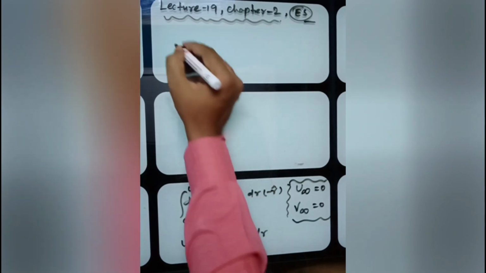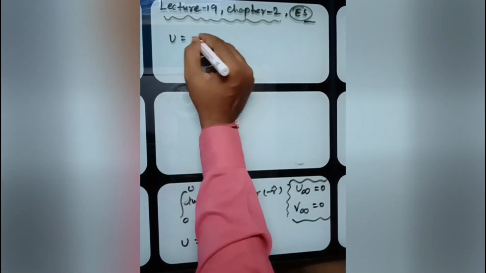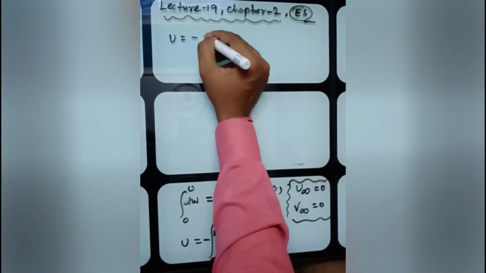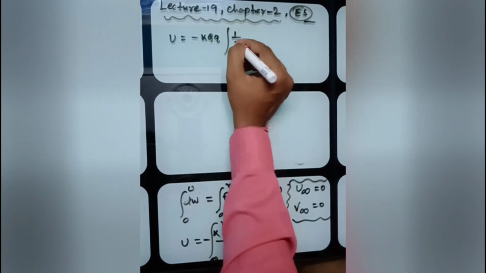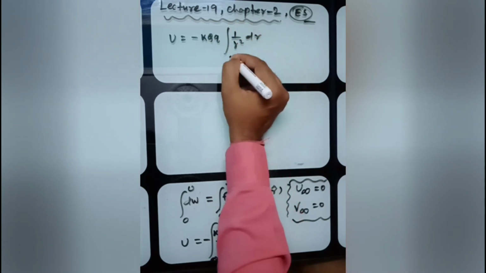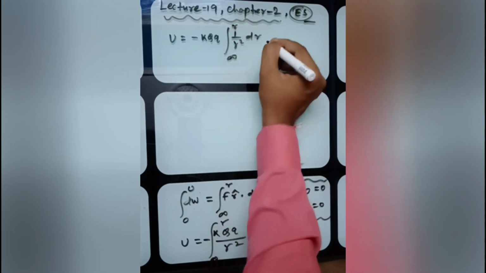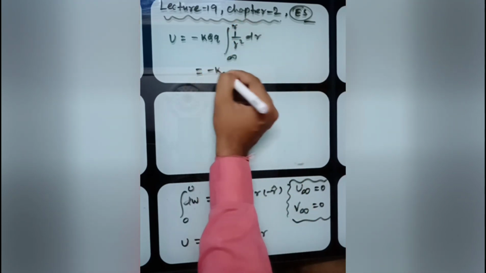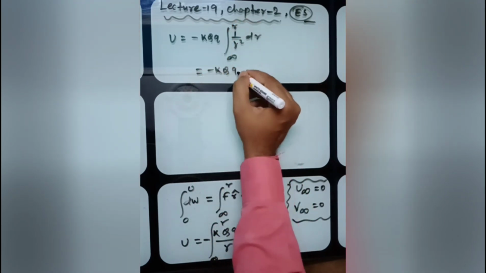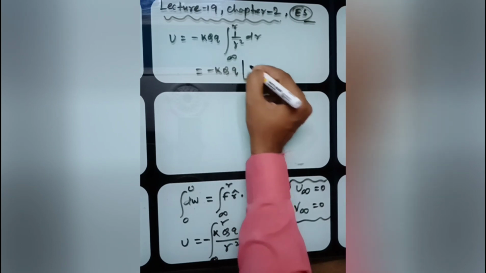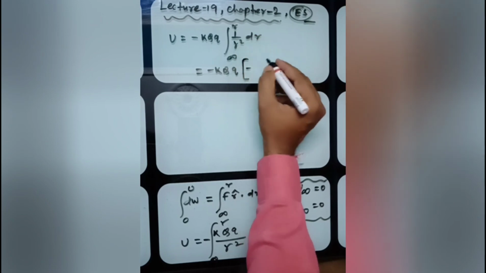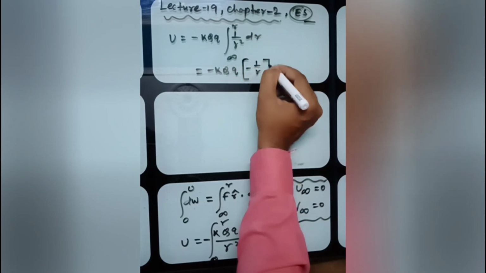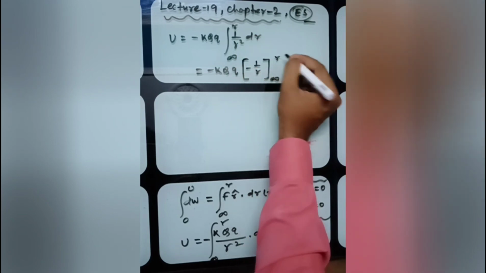Now U is minus k q q, where q is constant and taken out, times the integration of 1 by r square dr from infinity to r. The integration of 1 by r square will be minus 1 by r from infinity to r.